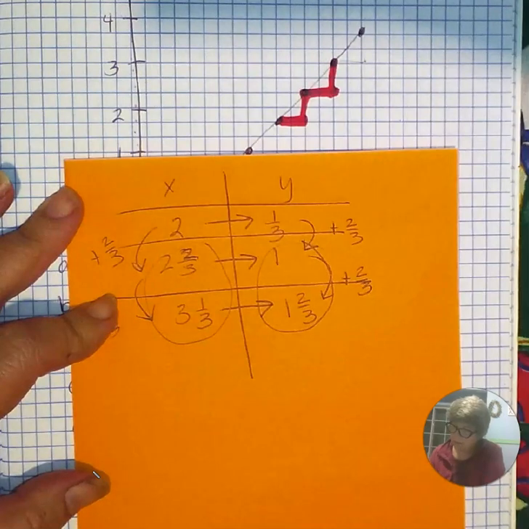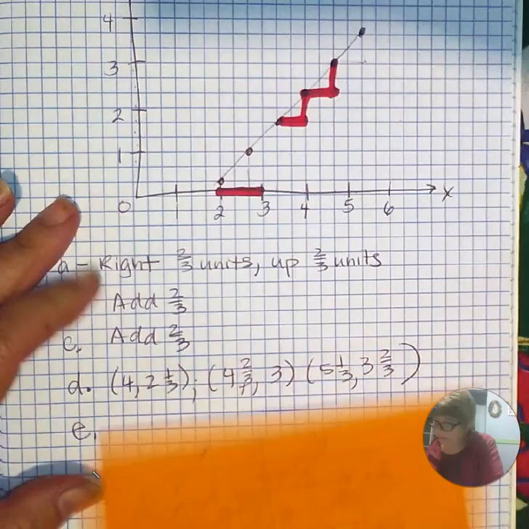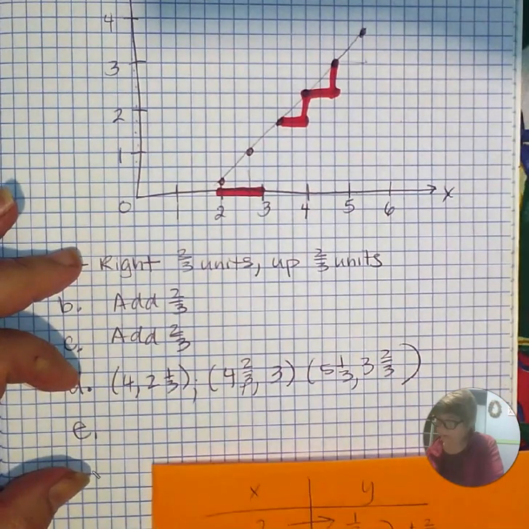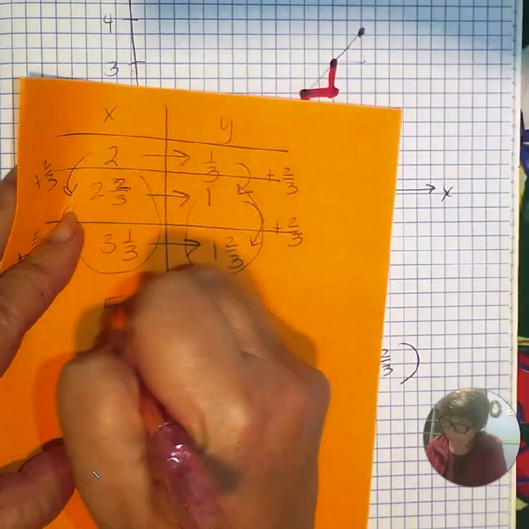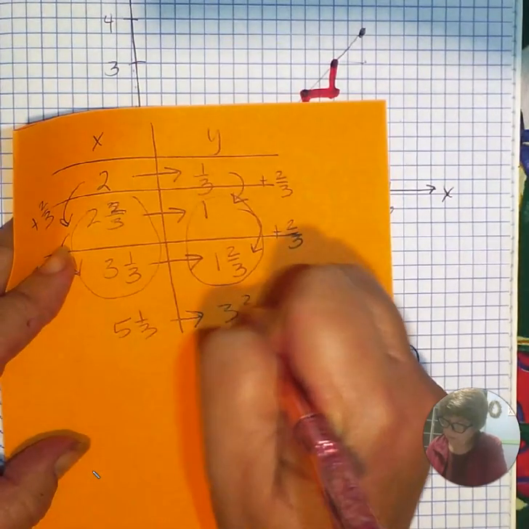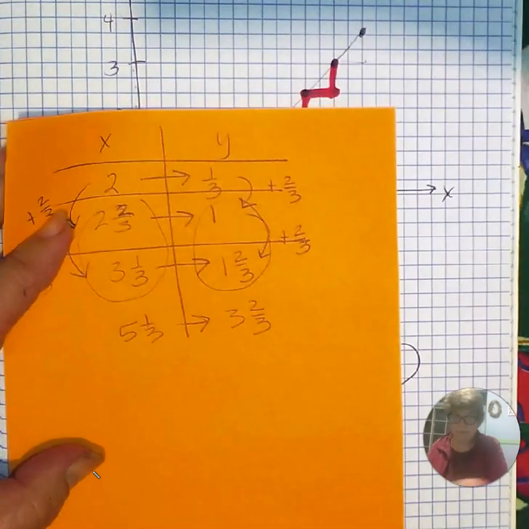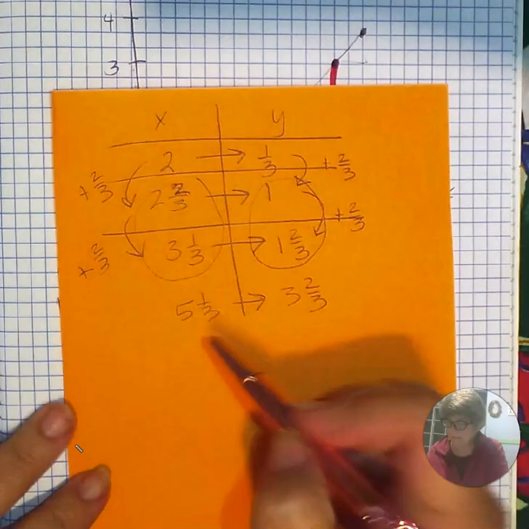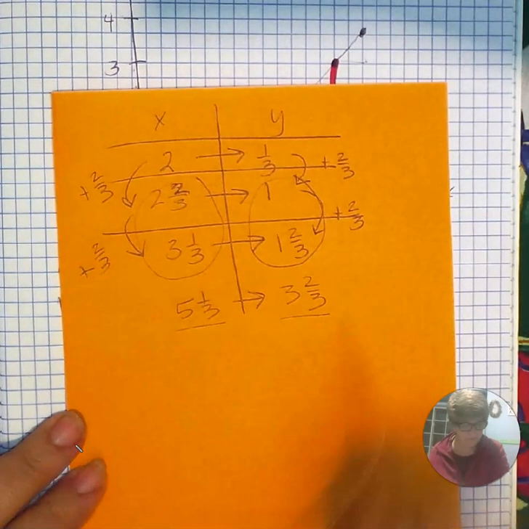Maybe let's get one with bigger numbers. Let's look at 5 1/3 and 3 2/3.